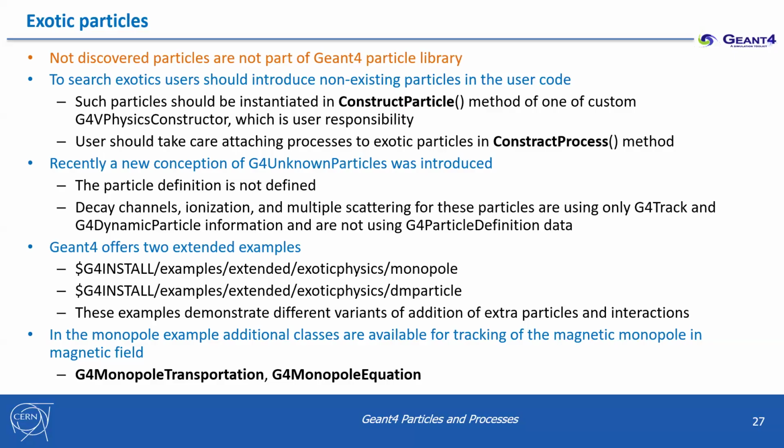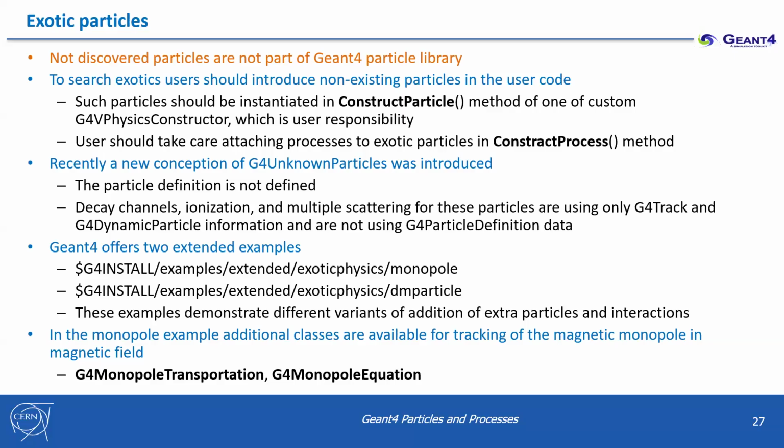But recently we introduced a new concept, which is called G4 unknown particle. For this particle, we have a placeholder, unknown particle, but the particle definition is not defined. So everything can be defined in the same way. Decay channels, ionization, multiple scattering for these particles may be used, but at tracking time, we use only dynamic particle information and don't use particle definition data.